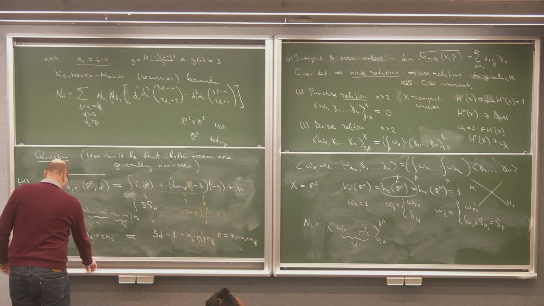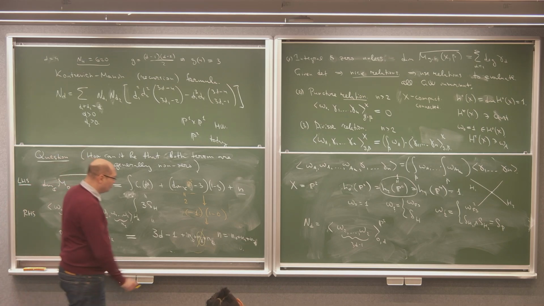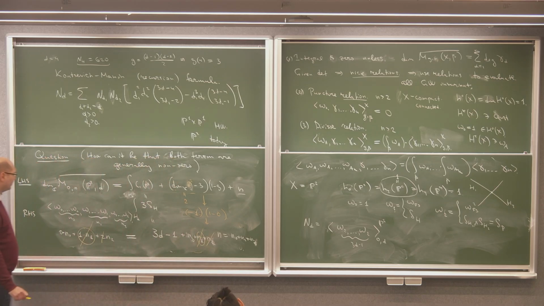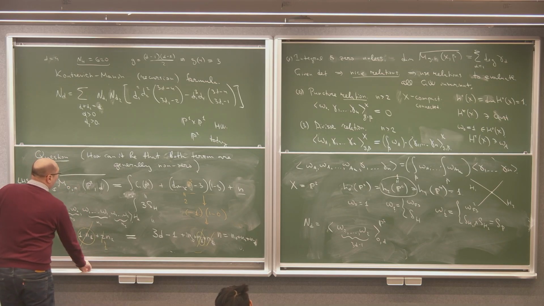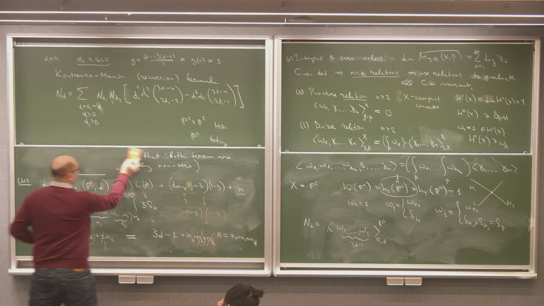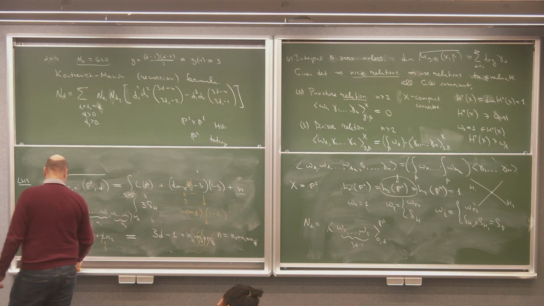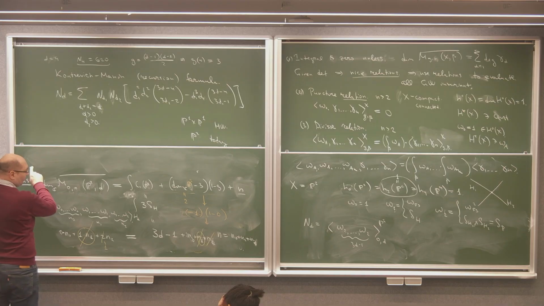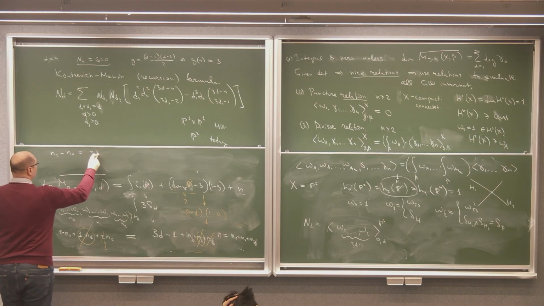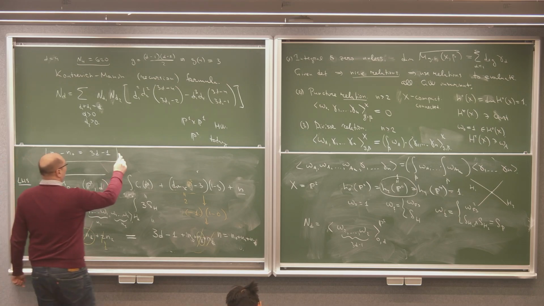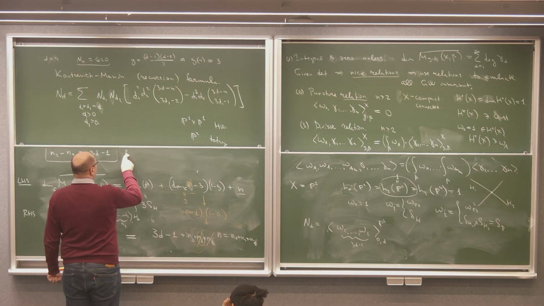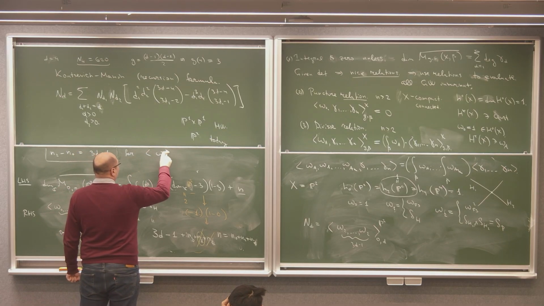Now we can also cancel the factor of 2, so we can cancel the n2 contribution for the price of replacing this 2 by 1. And we get the following formula: n2 minus n0 is 3d minus 1. That is the degree selection formula.